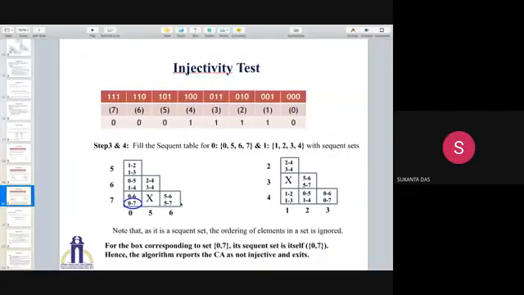What does the sequence table do? In the construction of this sequence table, we club together those neighborhood patterns which give the same image.